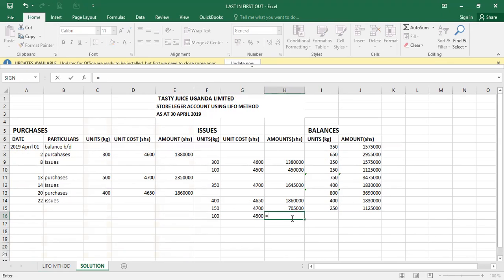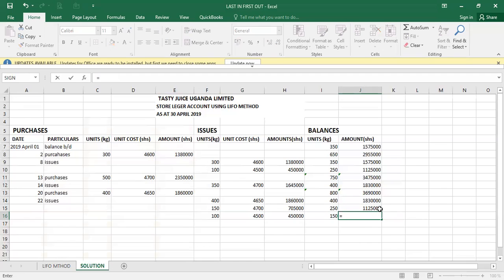To be equal sign this times this. Press enter, and you adjust also these units. It will be this minus this. Then it will be remaining with 150.